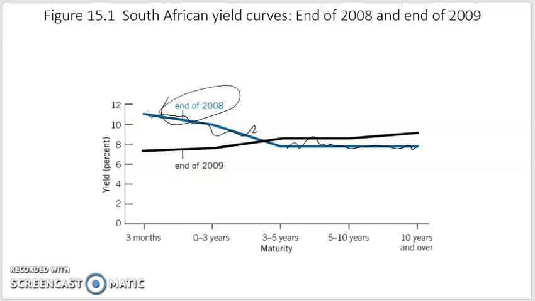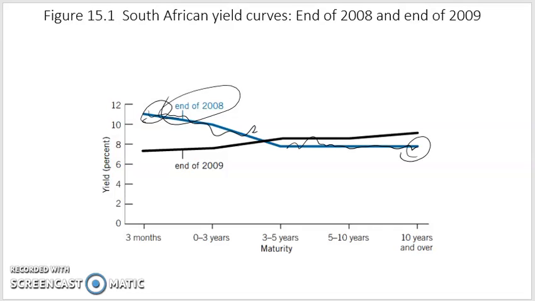This is shown by the declining curve here. In other words, long-term interest rates were lower than short-term interest rates. This is shown by a yield curve that starts at a higher point and ends at a lower point, or has a negative, or rather a declining, gradient.